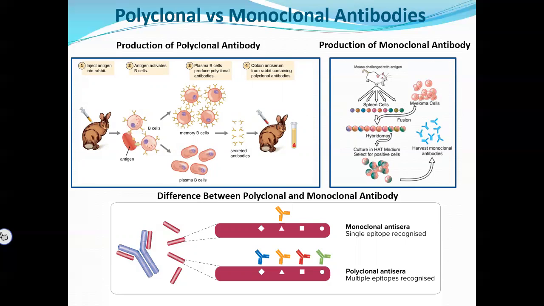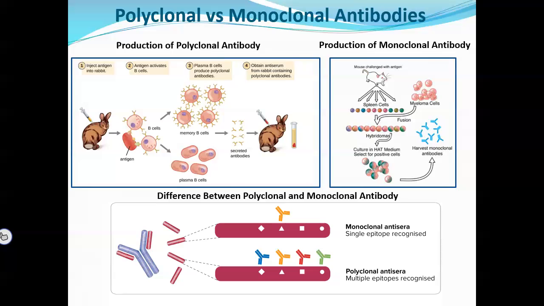But then take out the spleens of these animals and isolate individual antibody-forming B cells. So they take out one antibody-forming B cell and fuse it with one of these B-cell lymphoma cells. And that fusion product imparts these cancer-causing genes to that antibody-forming B cell to make that cell immortalized. And so in this way, you can grow liters and liters of these B cells, making this one particular antibody.